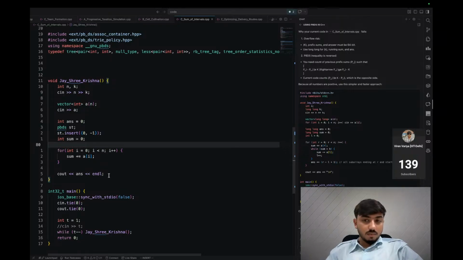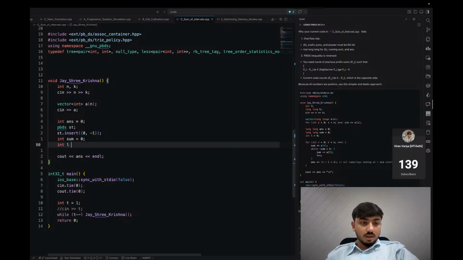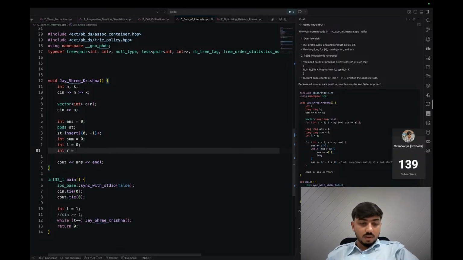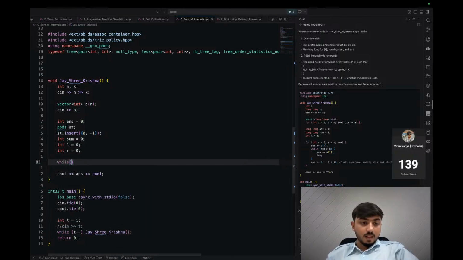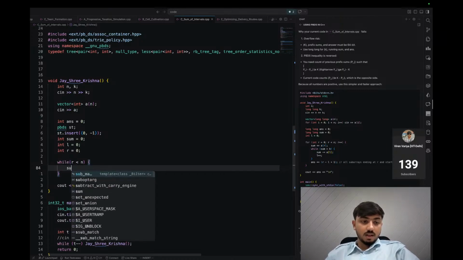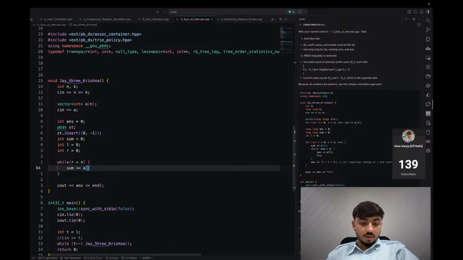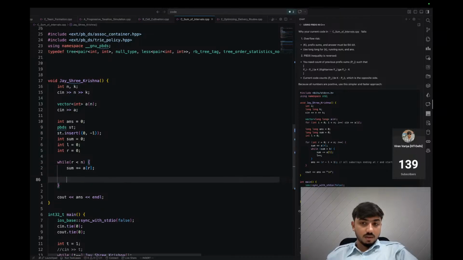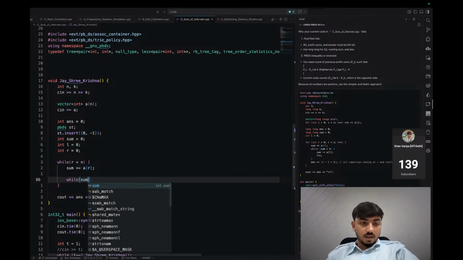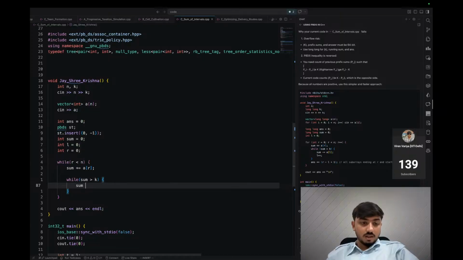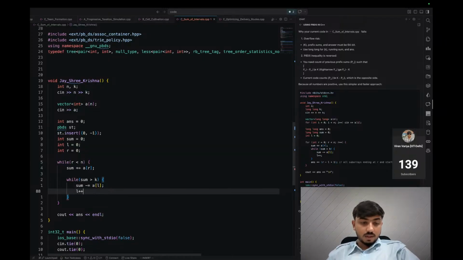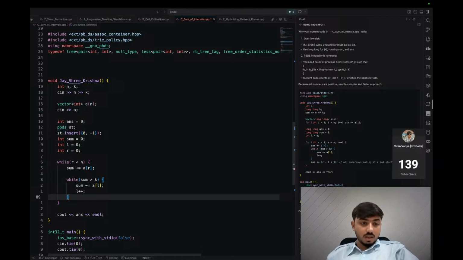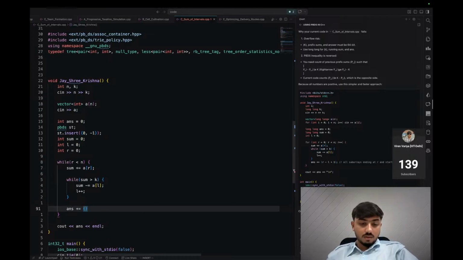And we just need to maintain left equal to 0, right equal to 0. While R is less than n, sum plus equals A of R, and while sum is greater than k, sum minus equals A of L, L plus plus, and we answer all the R minus L plus 1.